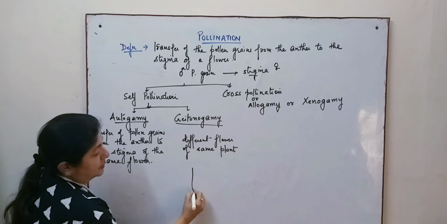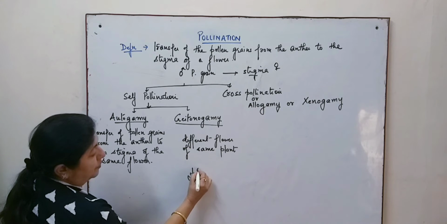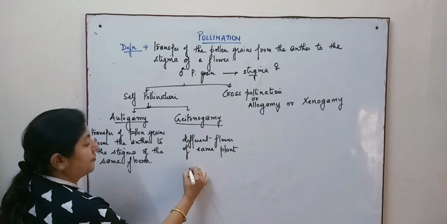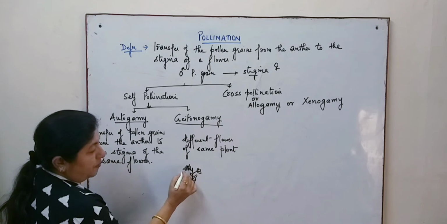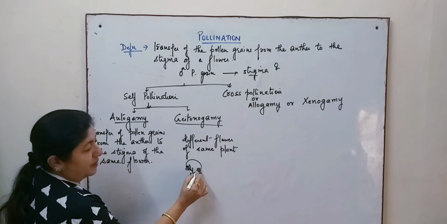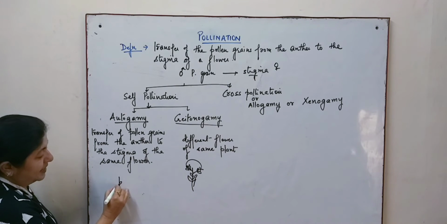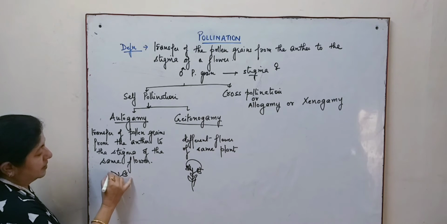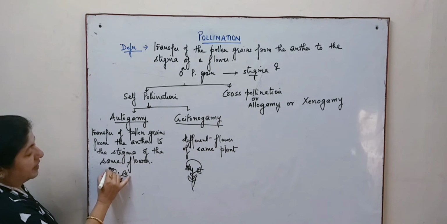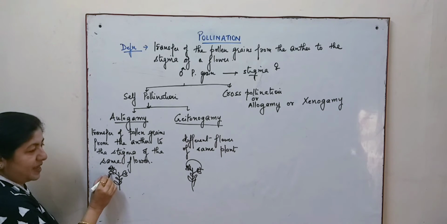Suppose this is the plant, with one flower over here and the other flower over here. The pollen grain from this one will land onto the stigma of the other flower. Whereas in autogamy, the pollen grain over here will move onto the stigma in this same flower.